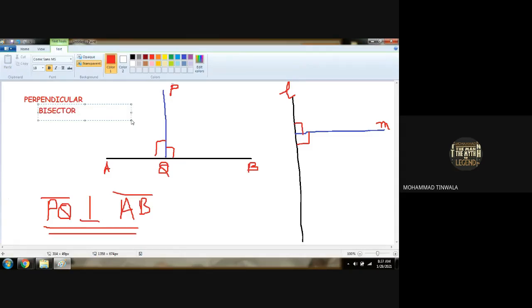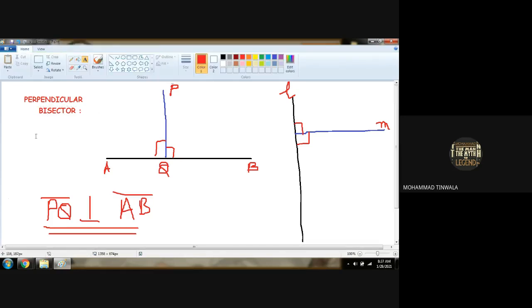Can anyone tell me what do you mean by perpendicular bisector? Is it the same as it is? Perpendicular line can be in any form, but perpendicular bisector means which is equally placed on the baseline.